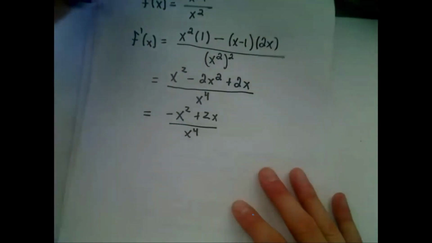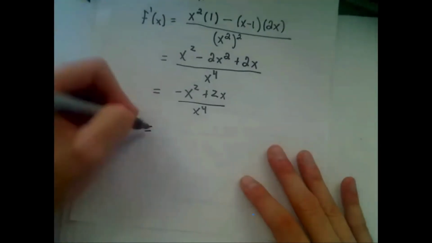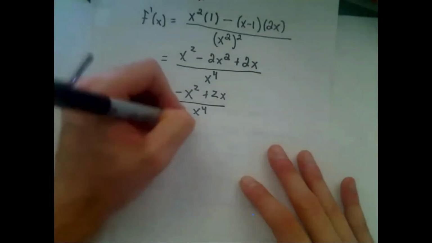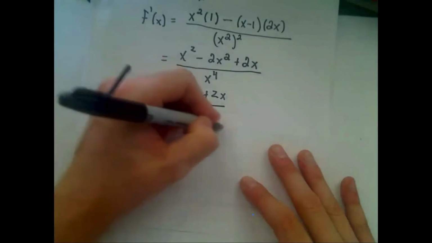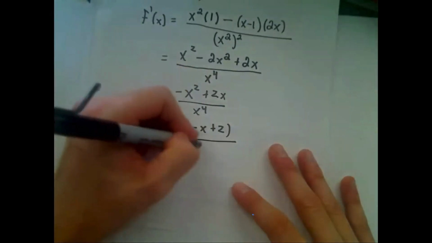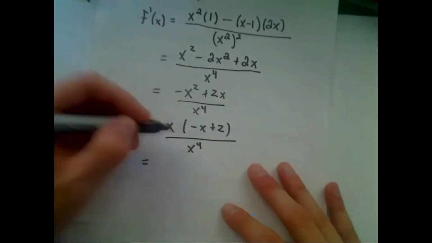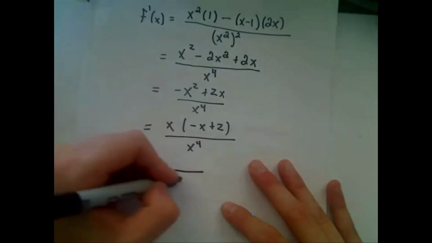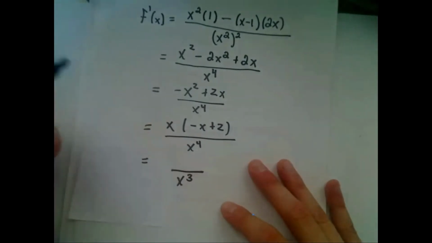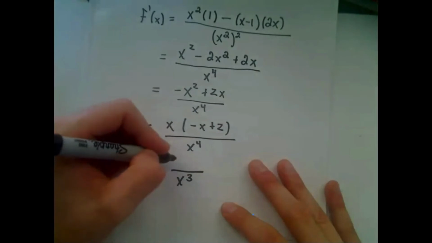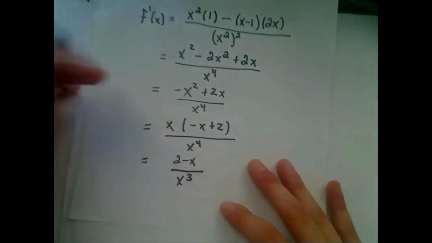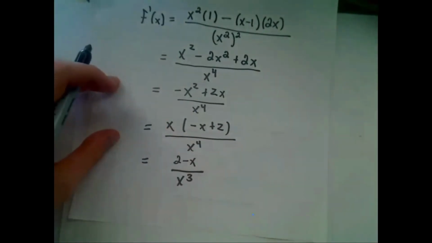So now all I'm going to do simply is factor an x out of the numerator just to clean things up. And it looks like we'll have negative x plus 2 over x to the 4th. My x on top will cancel out with one of the x's on the bottom, leaving me with just x cubed. And I'm going to rewrite that thing now as just 2 minus x, just because I think it looks a touch better that way.